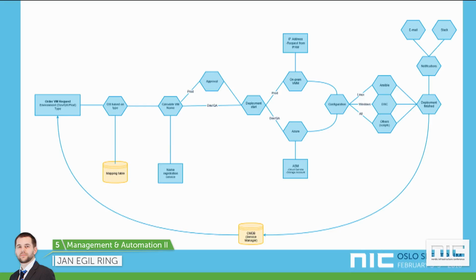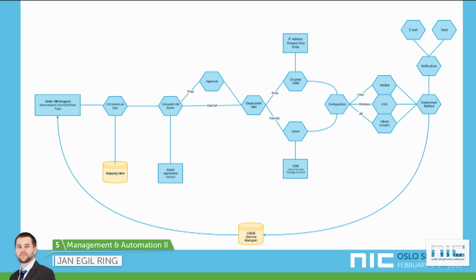And if it's Azure, you need to deploy to, for example, a cloud service. We are not using the new ARM mode yet. We're using the service management mode still, where you need to use a cloud service and a storage account. So all of these things will be handled by those deployment scripts. If it's VMM, a different runbook will be run. And it will also configure static IP addresses for all deployed machines.